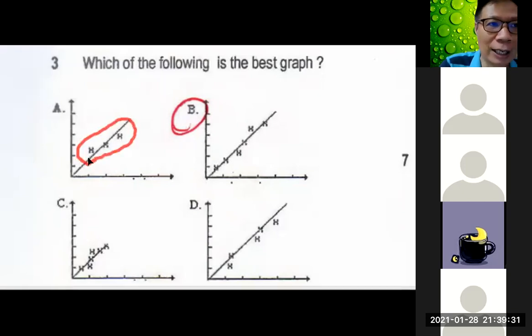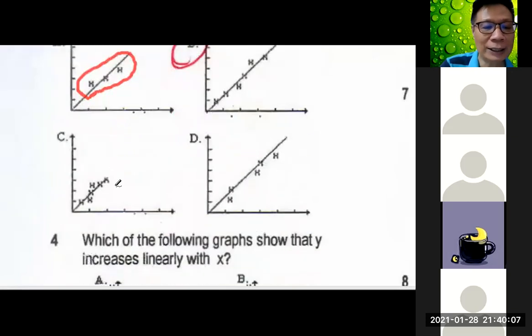Okay, please make notes. The minimum number of points to plot a graph is 5. You must have at least 5 points. This one, 3 points only, cannot. Too few, cannot. Jot down: minimum number of points is 5. It is not because the line never passes through all the points. No. Here it is because only 3 points is not enough. You must have at least 5.